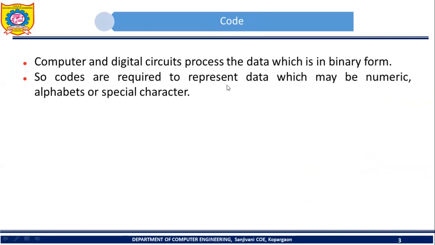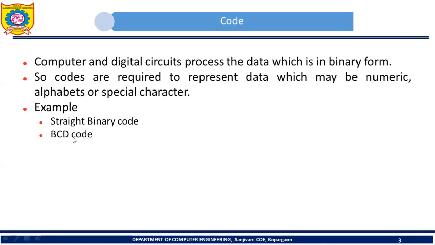So codes are required to represent data which may be numeric, alphabets or special characters. So let's see examples. Which are examples of code? First, straight binary code. By using straight binary code, we can represent a decimal number in the form of 1 and 0. You are familiar with this straight binary code. Then the second one is BCD code, that is binary coded decimal.